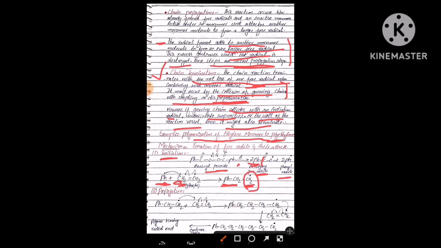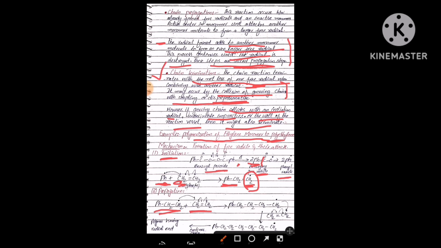This free radical will attack another monomer, and the process repeats in the propagation step. So this Ph-CH2-CH free radical will attack the new monomer and activate it, and this pi bond will again break, and the process repeats.